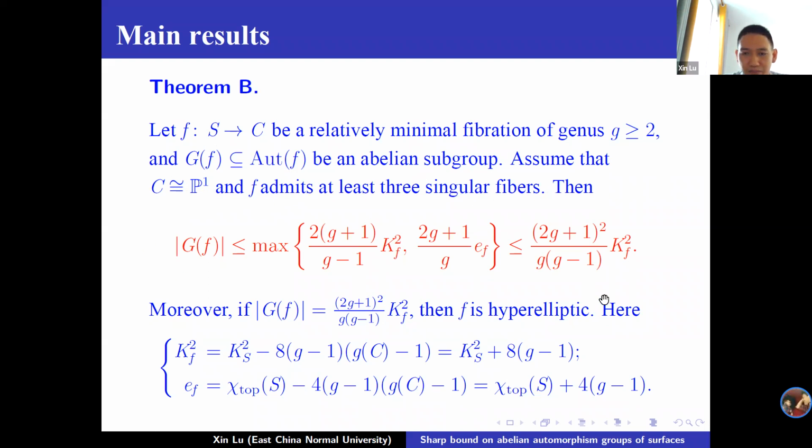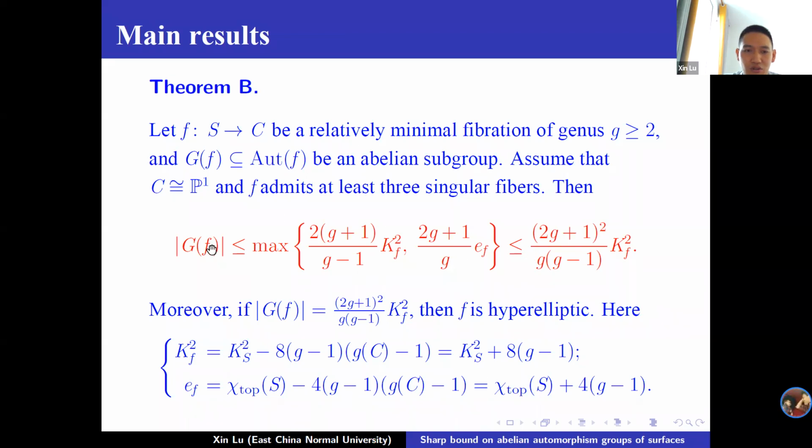Then we have the following bound for the size of this abelian subgroup G_F. That is, G_F is bounded from above by the maximum of these two numbers, and this maximum number is less than this number. The latter inequality is just given by the so-called slope inequality.